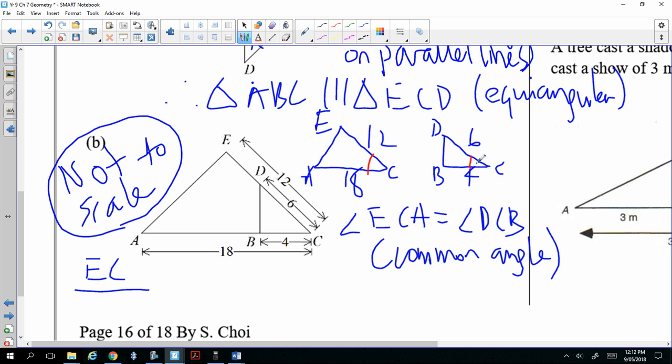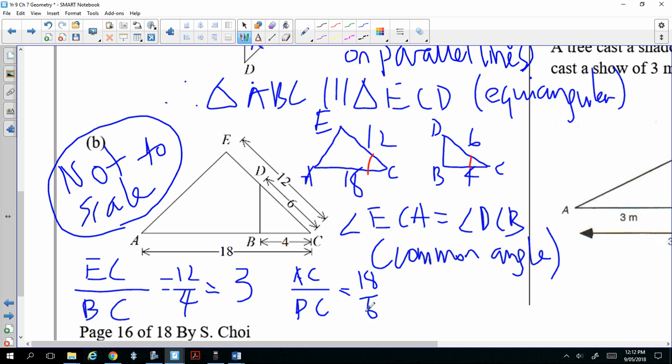So you write EC over BC, which is 12 over 4. What's 12 over 4? 3. Next one, we do AC over DC. It's 18 over 6. Is it still 3? Yes, it is. So they are both 3. We say the two sides are in proportion.